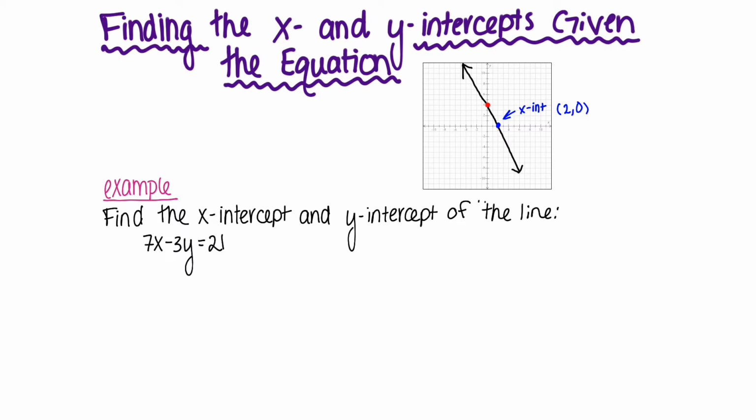Likewise, the y-intercept is the place where the line hits the y-axis, and its x coordinate is 0 and its y coordinate is actually a number. So the interesting thing is that at the y-intercept, x is equal to 0. At the x-intercept, y is equal to 0.